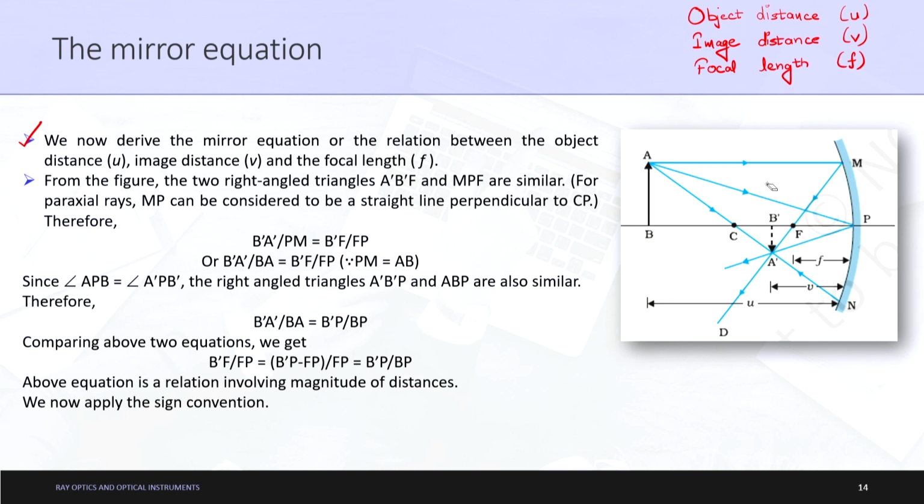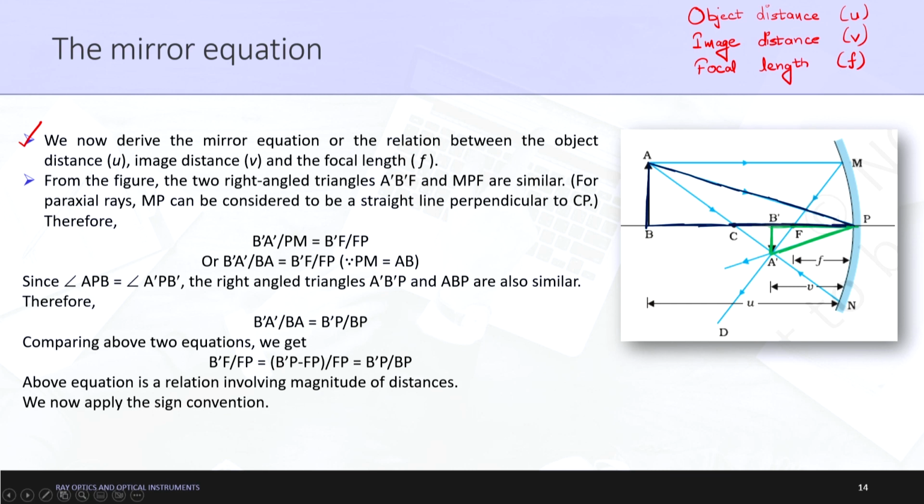Second, A dash B dash P is this triangle, and ABP is the other.